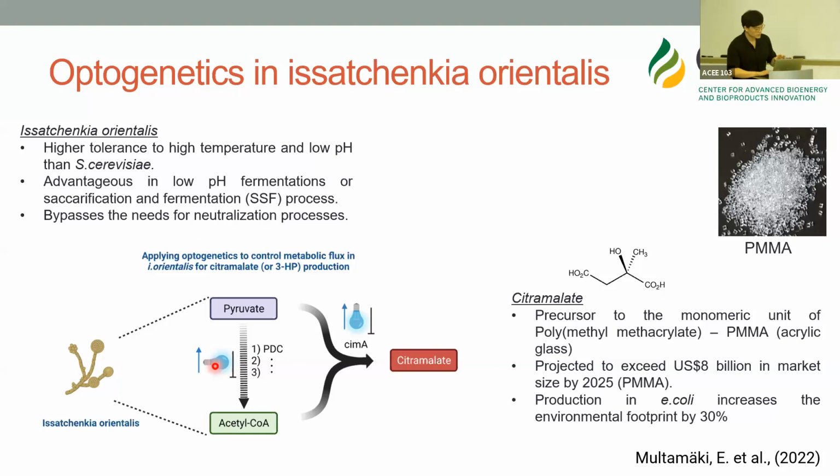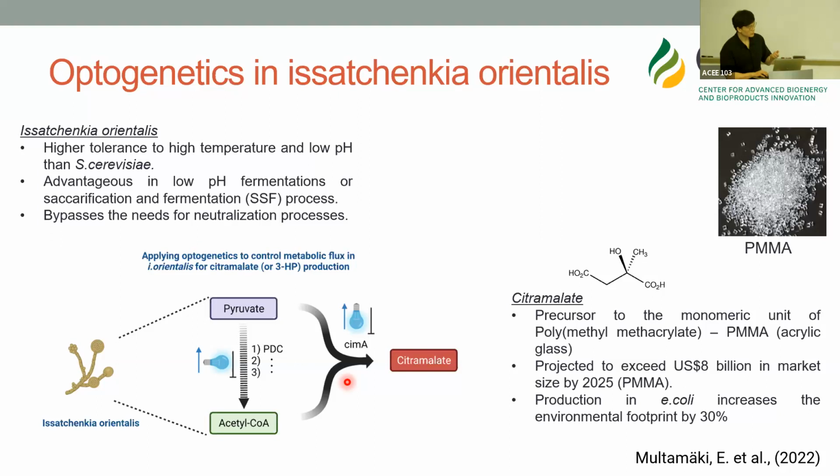So the idea is, I put a dot here for our collaborators' reasons, but you can light control enzymes that use pyruvate and acetyl-CoA to make as much citramalate as possible. Basically, you can upregulate this enzyme or downregulate this enzyme at whichever point you'd like using light.